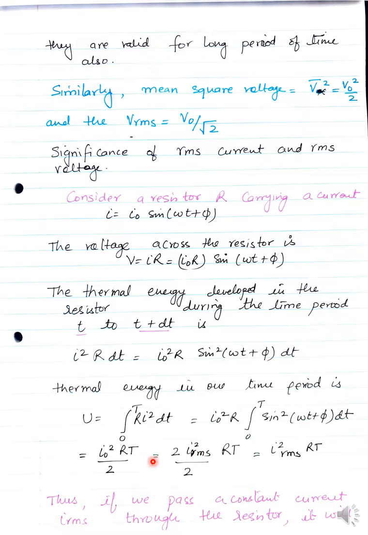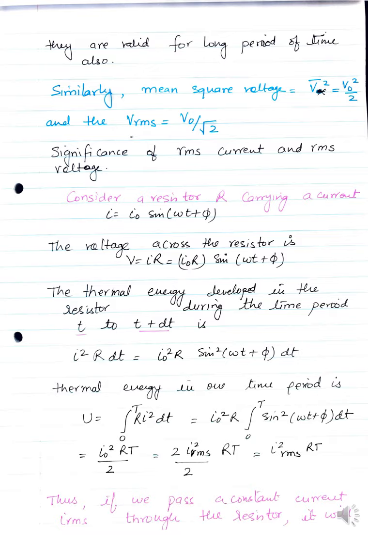Now if I replace I naught squared by I RMS squared, we need the relation between I RMS and I naught: I RMS equals I naught divided by root 2. So I naught will be root 2 times I RMS. We put the value here, 2 will cancel with 2, and we get I RMS squared R T.